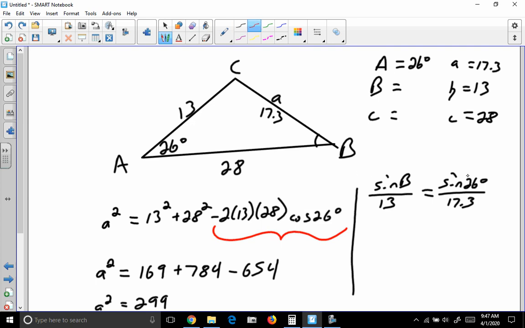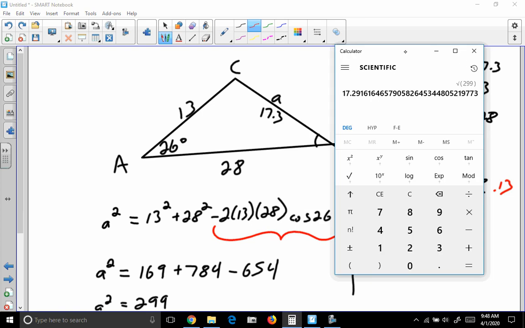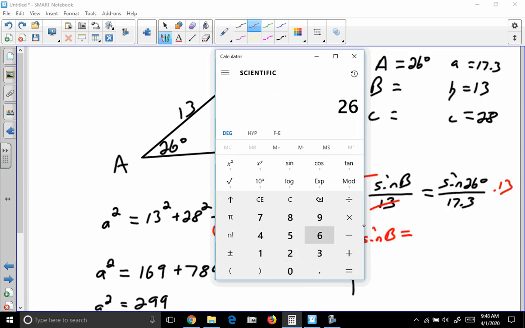All right, so we can multiply both sides by 13 to make the 13s go away. So sine of angle B is sine 26 times 13 divided by 17.3.